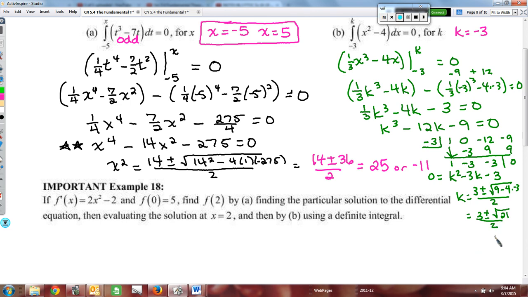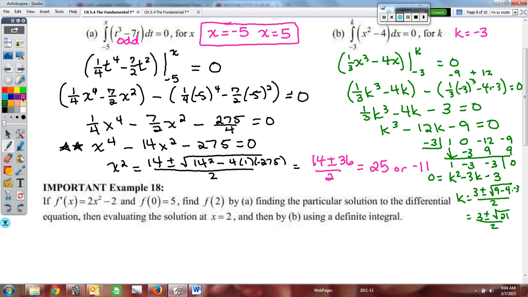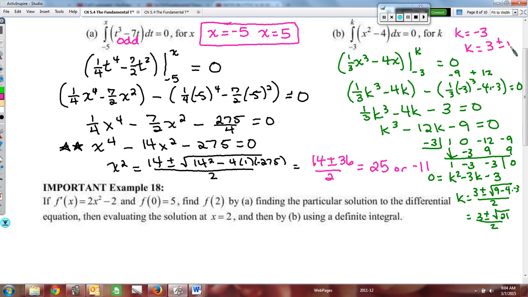So we actually end up with the 2 more solutions that we're looking for, k equal to 3 plus or minus square root of 21 all over 2. And so those would be the 3 values that are going to give us an accumulation of 0.